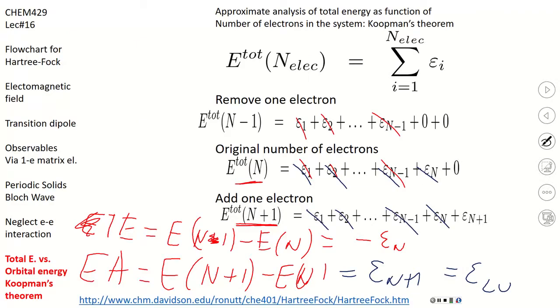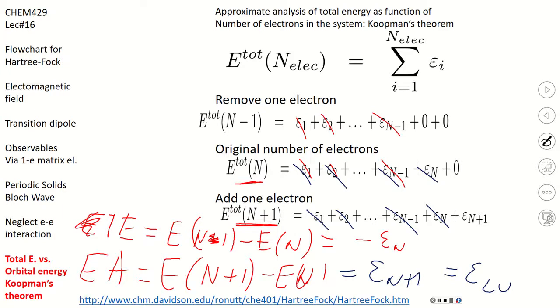And here, if you still do not believe me, here is a deadly convincing proof. So if we hate summation symbols, then we can just add together. So energy of neutral species is equal to energy of first orbital, energy of second orbital, then up to energy of orbital number n.